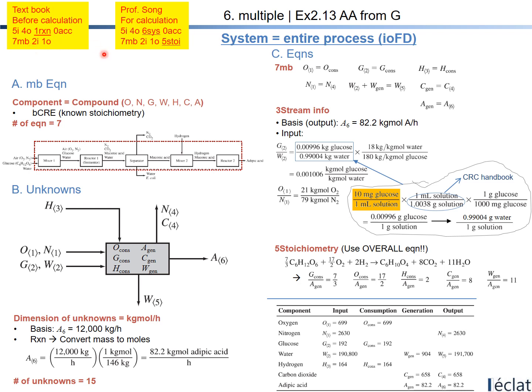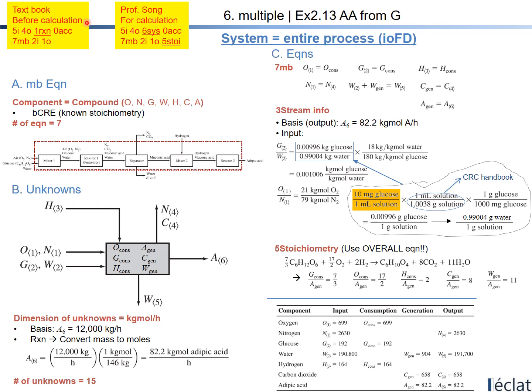Okay, let me follow my method for estimating the degree of freedom. Textbook method is better when you want to calculate the degree of freedom number before the process calculation.